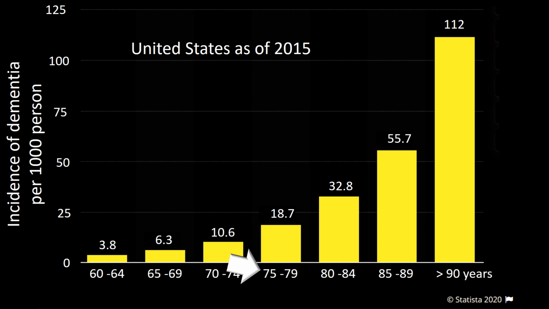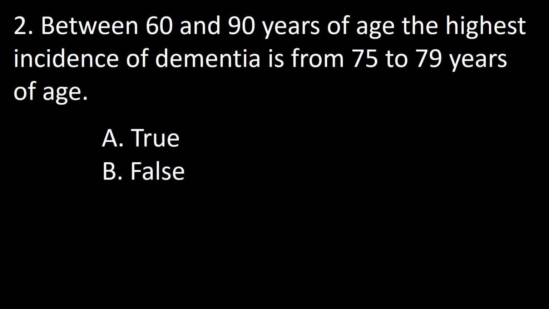In the 75 to 79 year old group, the incidence is 18.7. Above 90, the incidence is 112 per 1,000 persons. So the answer to this question is false.